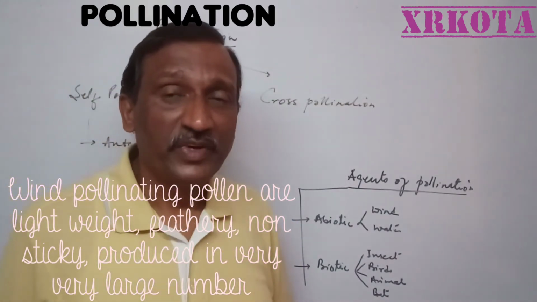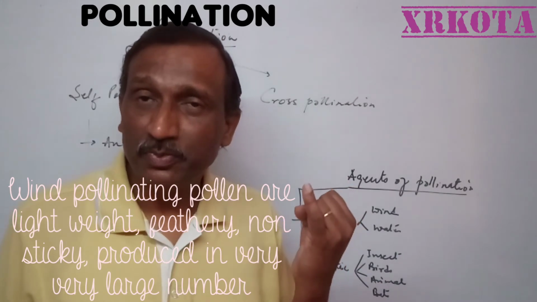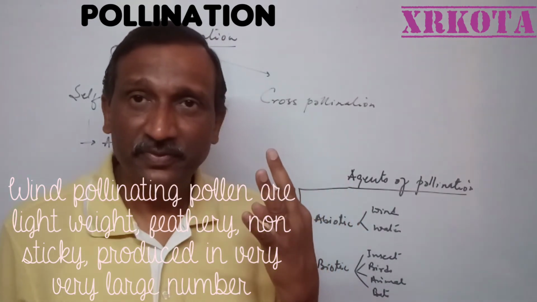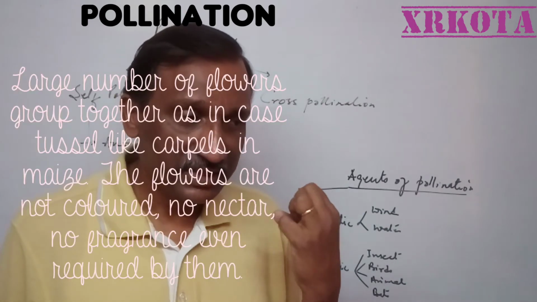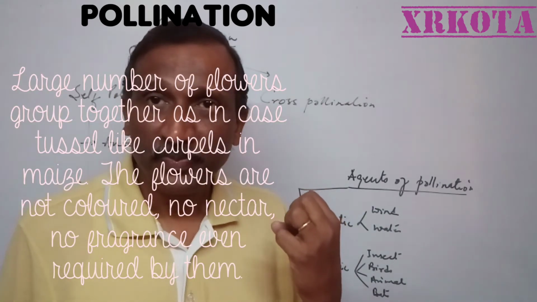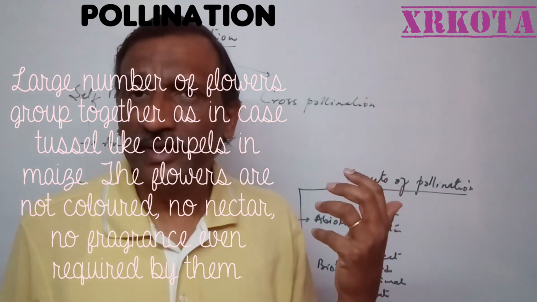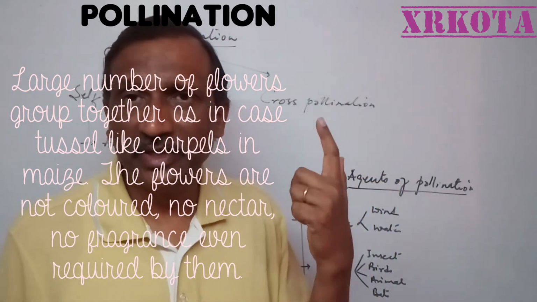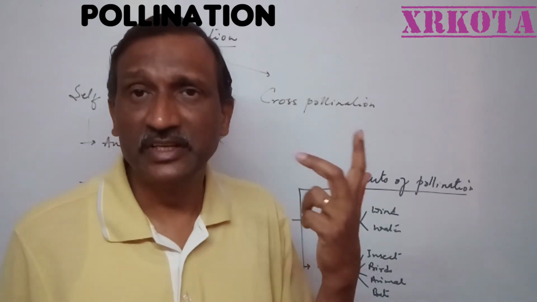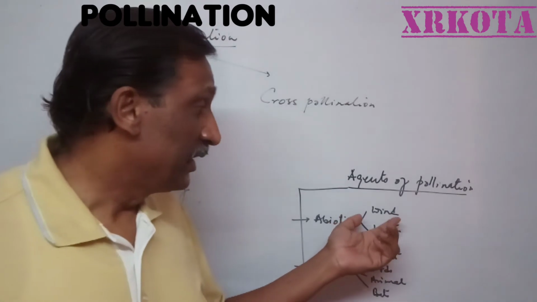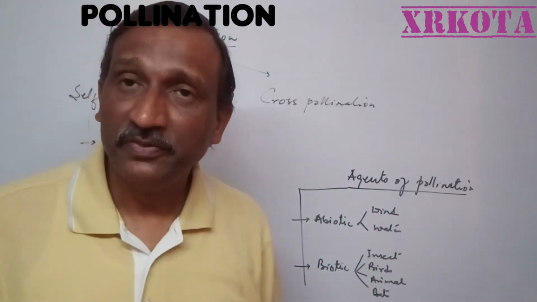In wind pollination, the pollen grains should be small, produced in millions in number, light and feathery, and the stigma should be sticky, and the flowers need not have any color or smell or honey or nectar or any other lure. So these are all about the structure of the wind pollinating plant.